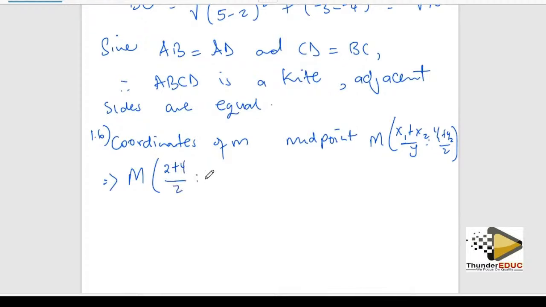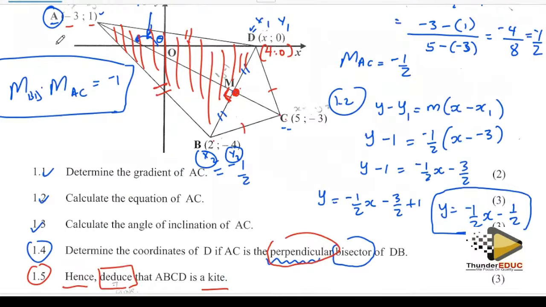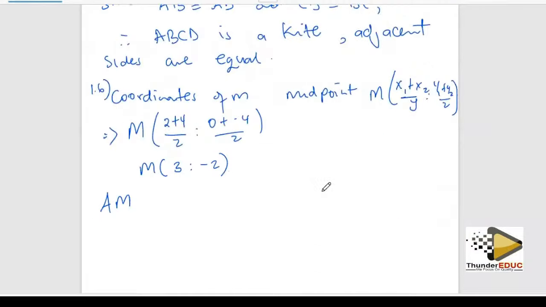divided by 2. And then for the y, it's going to be 0. We need to get the length AM. So let me just say if A is -3 and 1, this is our aim.